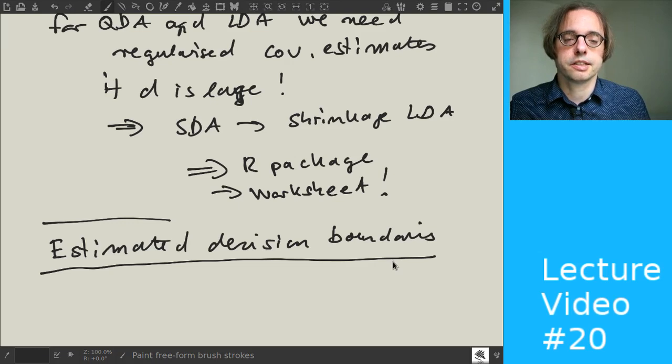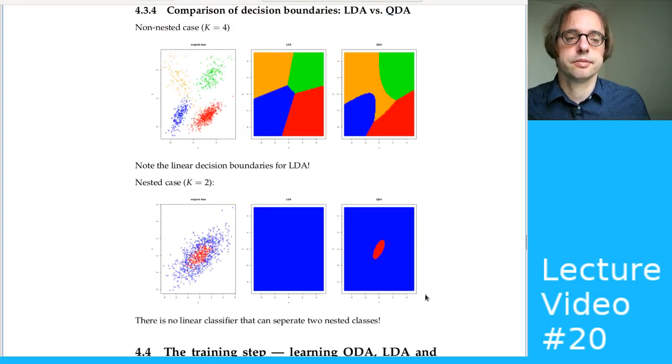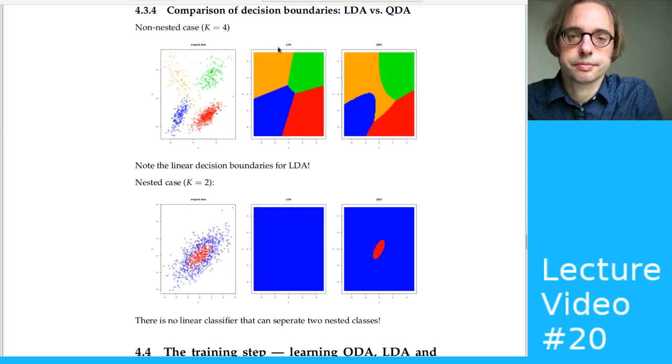For this, let's check the figure in the lecture note. What I've done here is to simulate data in two scenarios. Here we have 4 groups, and these groups are not nested. You can see the 4 colors corresponding to the 4 groups.